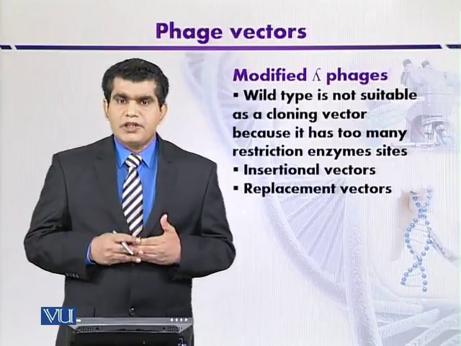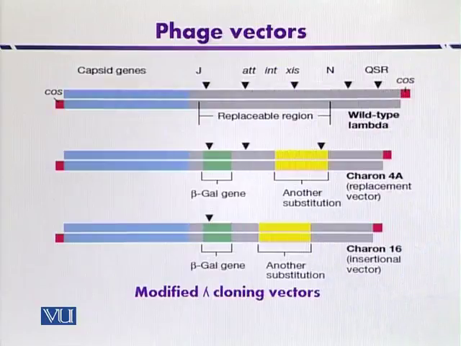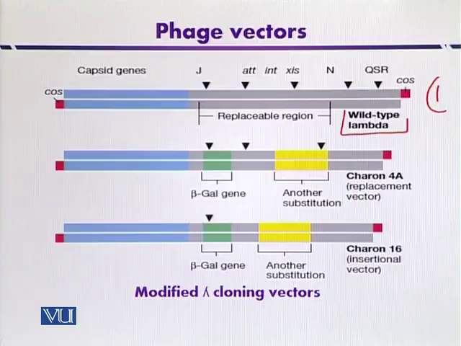Now briefly we can focus on what type of lambda derivatives are there. First example is the wild type lambda here. It indicates the different regions of the lambda genome. The 5' ends, the red portions, are indicated by the cohesive sites or cos site, where complementary base pairing is there, by which after inserting into the host organism, these complementary base pairs can join, and the linear duplex DNA molecule is converted into circular form.